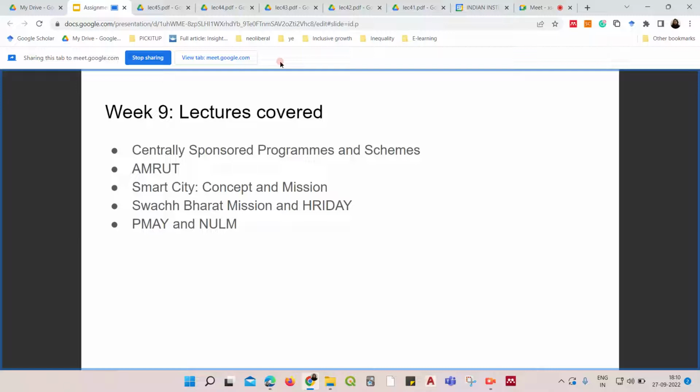So all of this would have given you a background on how centrally sponsored programs and schemes in India function, how they function at the local level, how their functioning and coordination is done at the state and national levels, and what functions they actually perform.